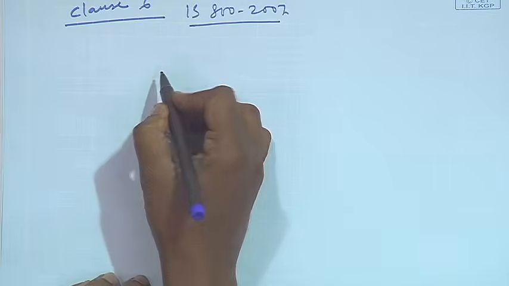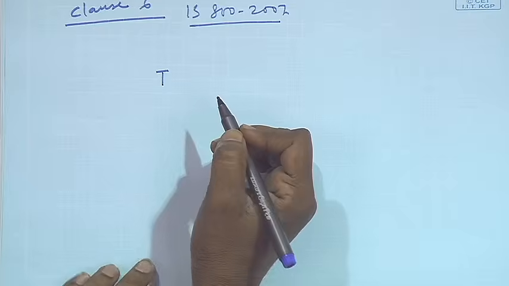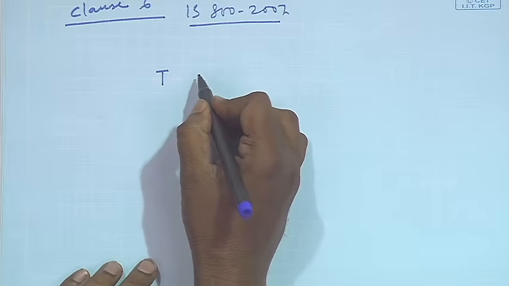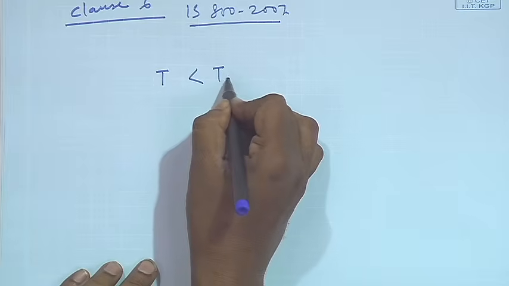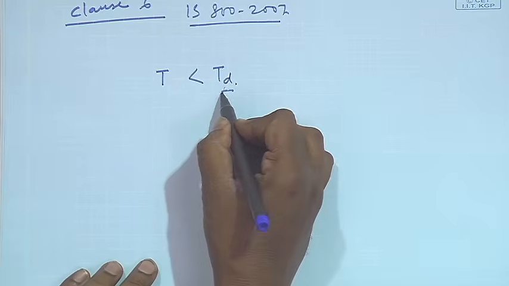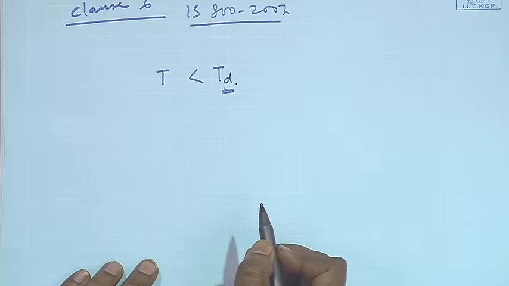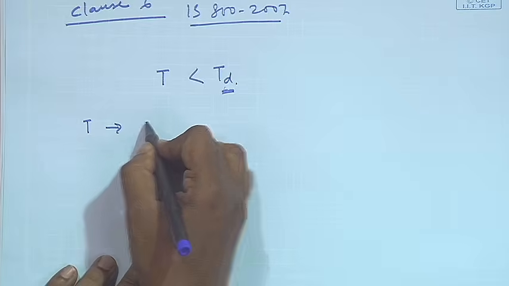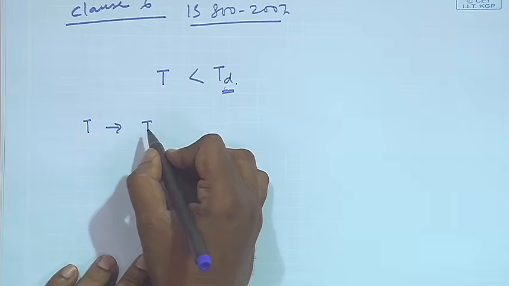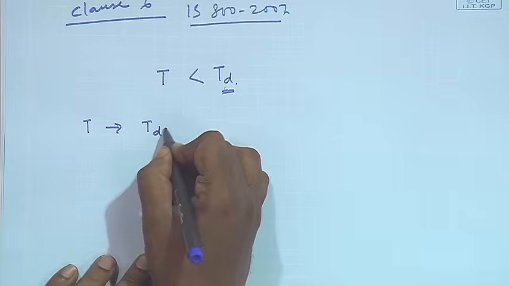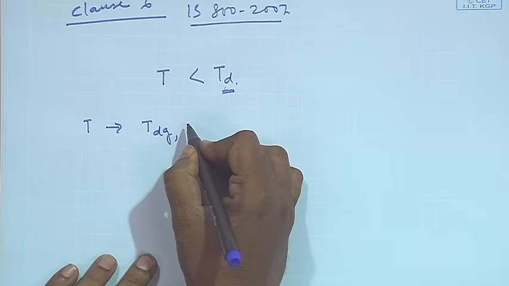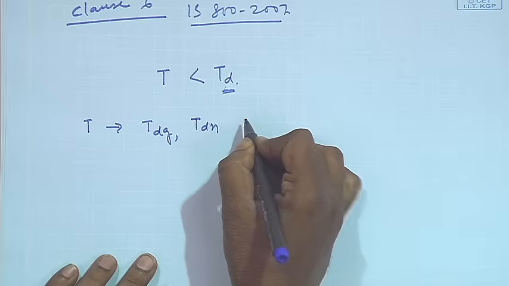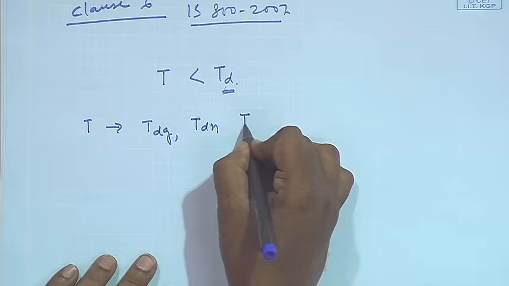In clause 6.1 it is stated that the factored design tension T should satisfy the requirement T less than TD, where TD is the design strength of the member under axial tension, and TD will be the least of these three: yielding of gross section TDG, rupture of critical section TDN, and block shear failure TDB.